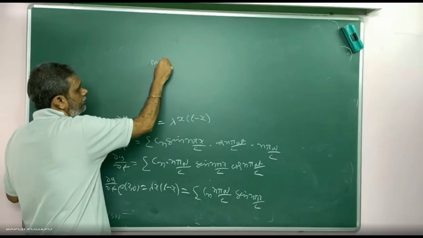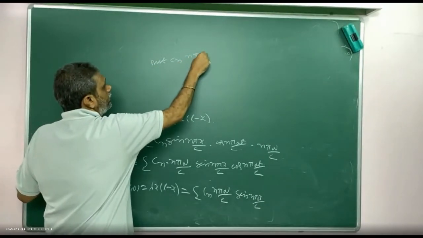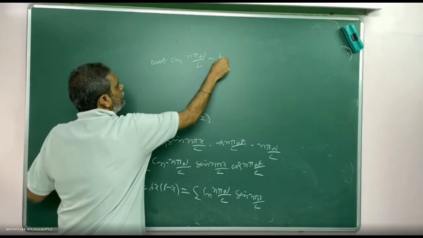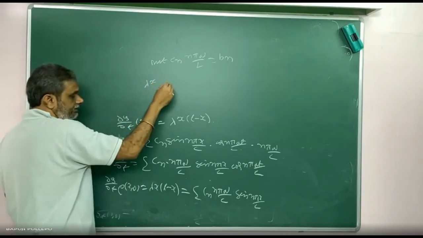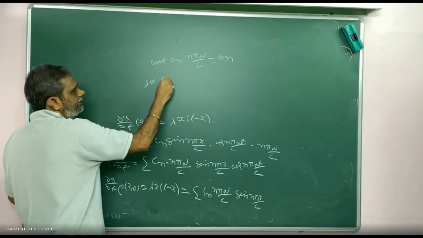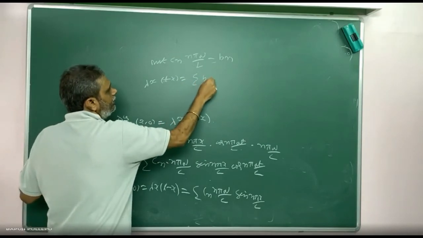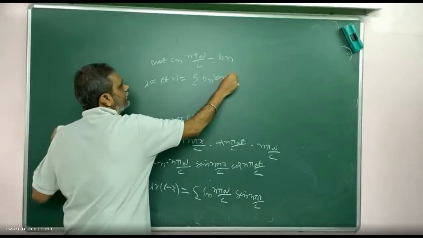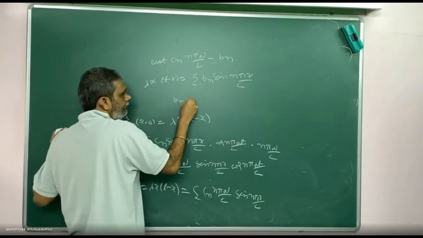Put Cn n pi a by L is equal to Bn. So this becomes lambda x into (L minus x) is equal to Bn sin n pi x by L. But what is my Bn?